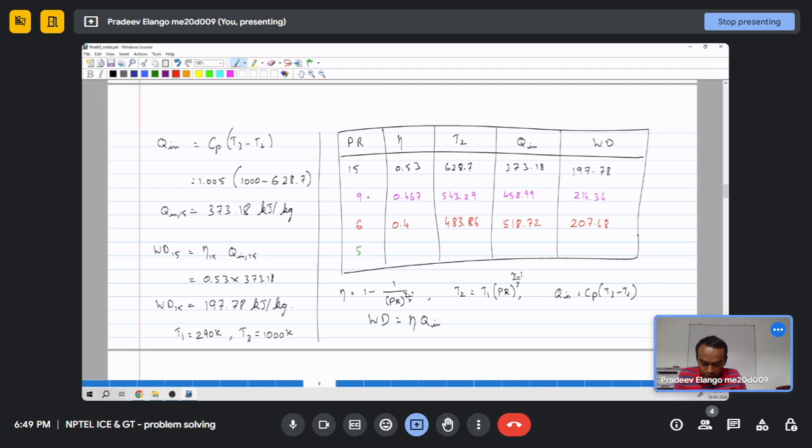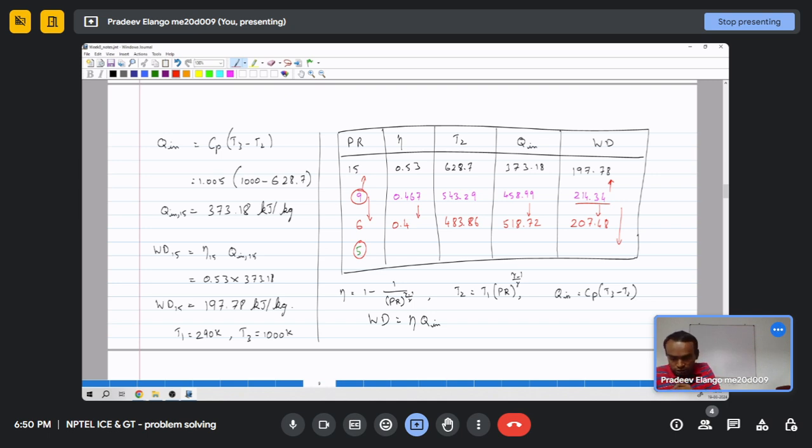So from 9 to 6 we saw that efficiency has dropped a lot, and even though Q in has increased, we couldn't increase the work done, so that is reduced, right? And similarly, if you go to 5, this value will be further lower than 207. And if you go from 9 to 15, we see that work done has decreased. So we have already reached the optimal value: 214 is the output, and that is at a pressure ratio of 9.